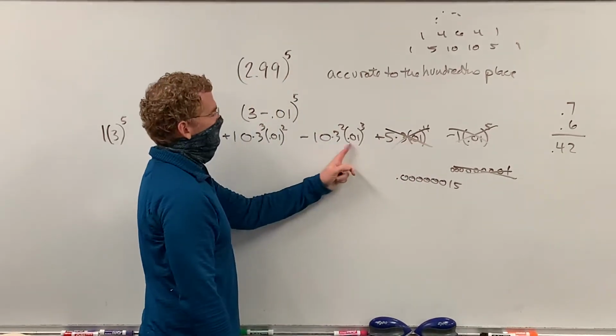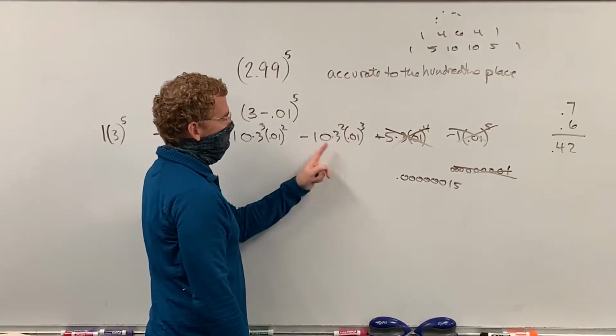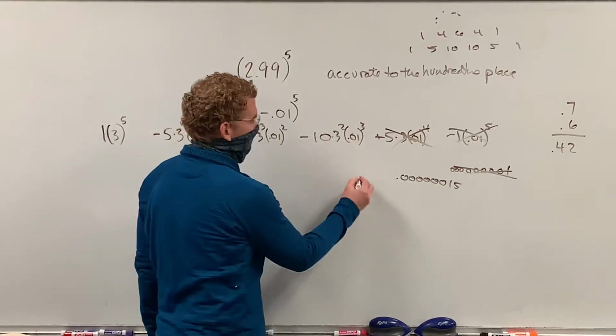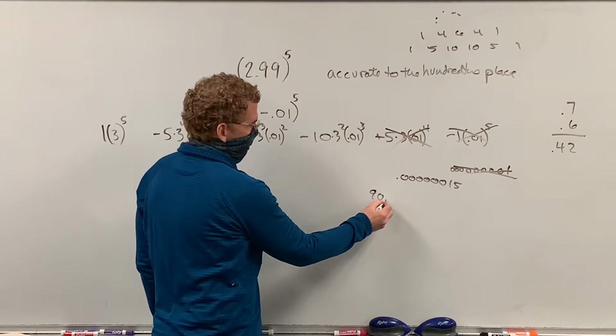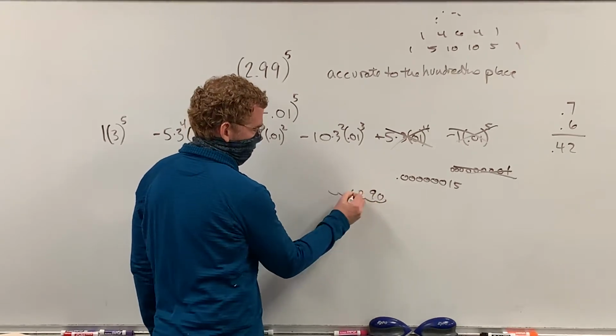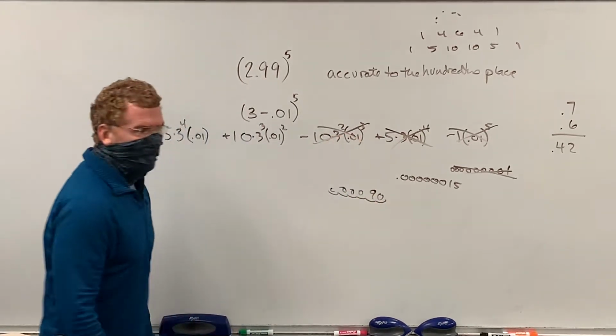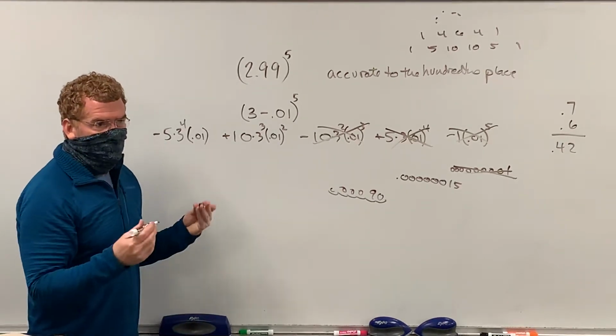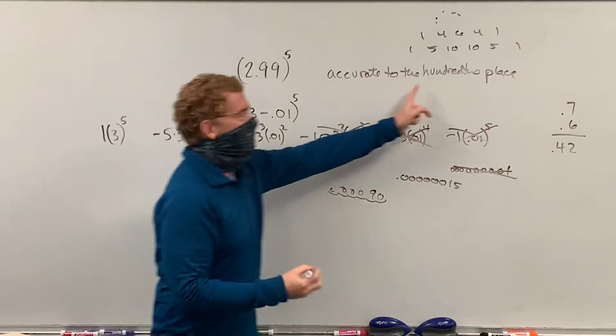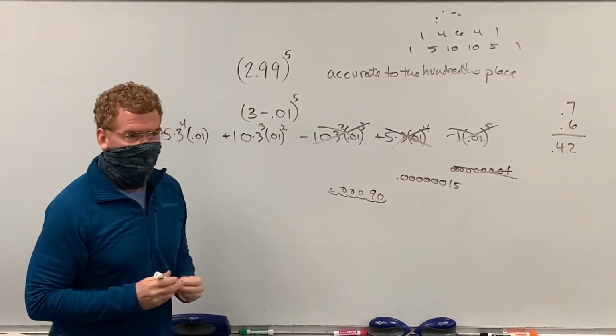What about this one? This is 90. 9 times 10 is 90 times 1. This is 90, but how many decimal places? 1, 2, 3, 4, 5, 6. Irrelevant. So a lot of these are irrelevant values because they're such small decimals, they don't matter when you're only rounding to the hundreds.